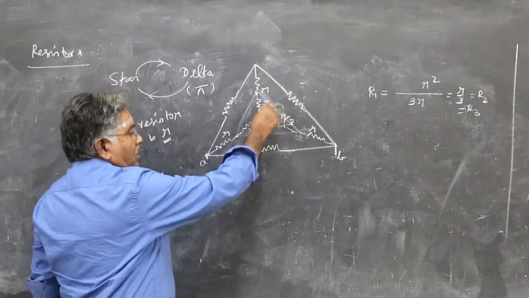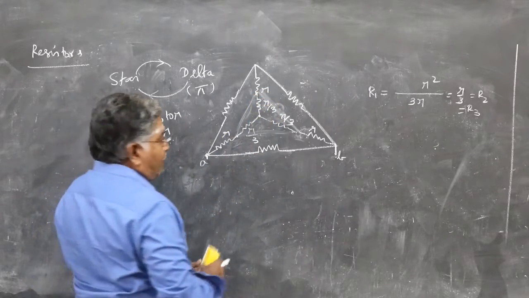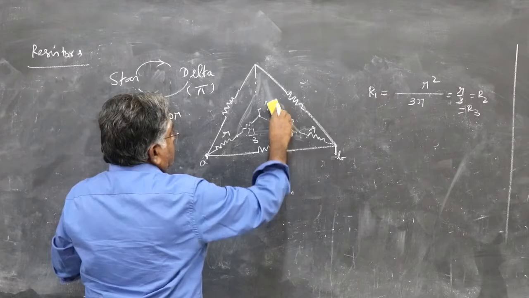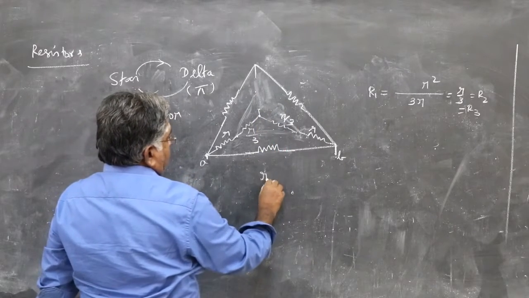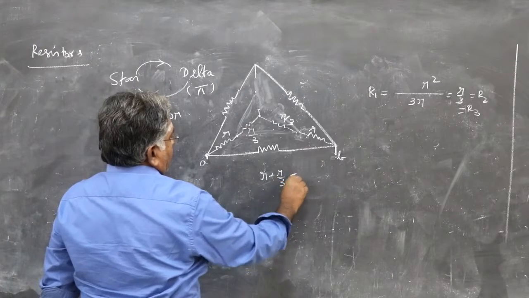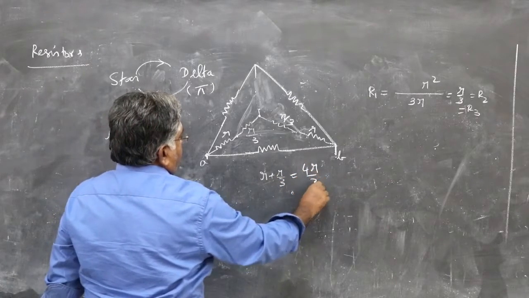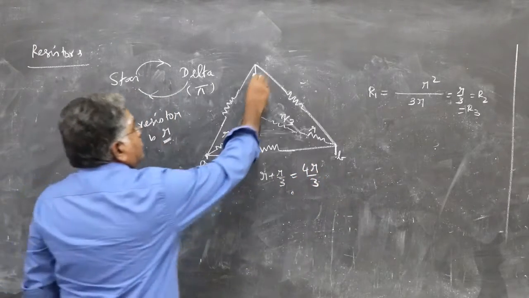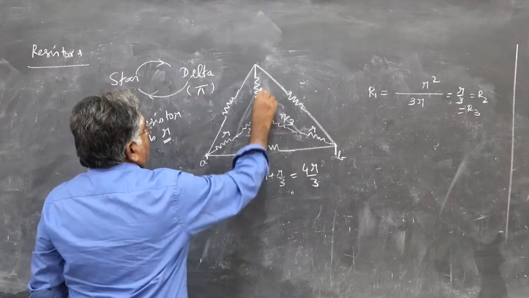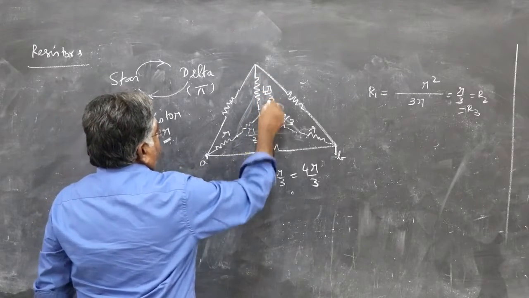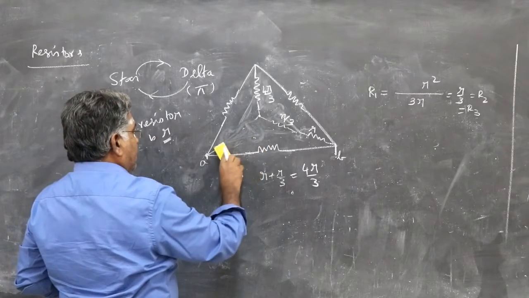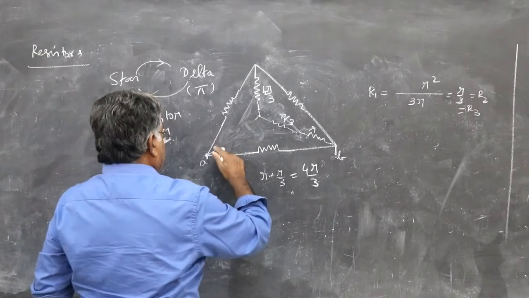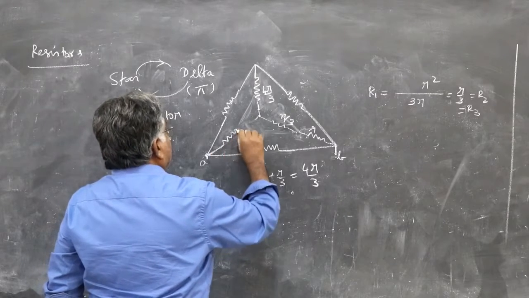Now R plus R by 3 are in series, so 4R by 3 is one resistance. R plus R by 3 is 4R by 3. So here 4R by 3, here also 4R by 3, because the two resistors are in series.